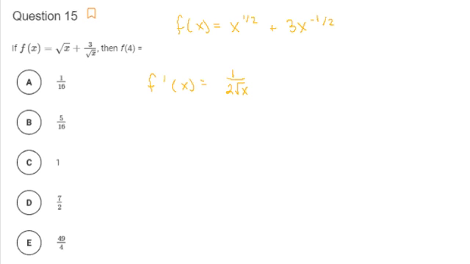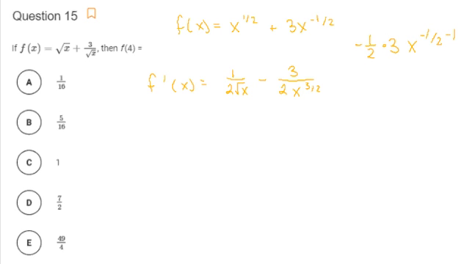So f prime of x is going to equal 1 divided by 2 square root x, minus 3 divided by 2x to the 3/2. Our power rule tells us we've got negative 1/2 times 3, and then x to the negative 1/2 minus 1.